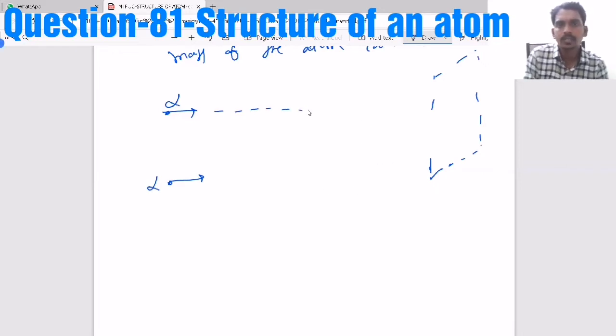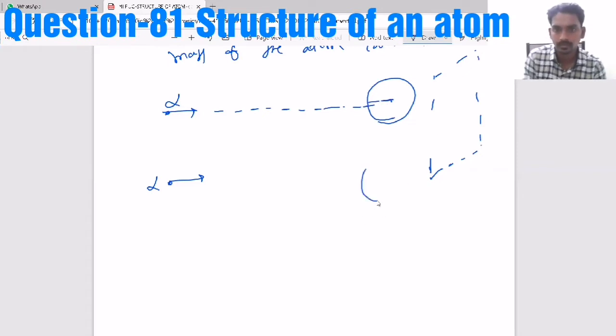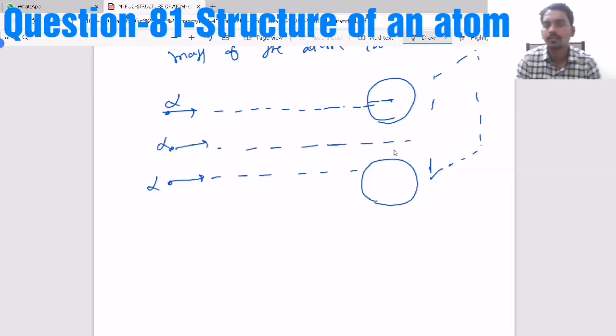The alpha particle can come towards the center of any gold nucleus, or it can come like this, or it can go between the space of atoms. He said that most of the alpha particles pass through without any deviation through the space between them, the maximum number.